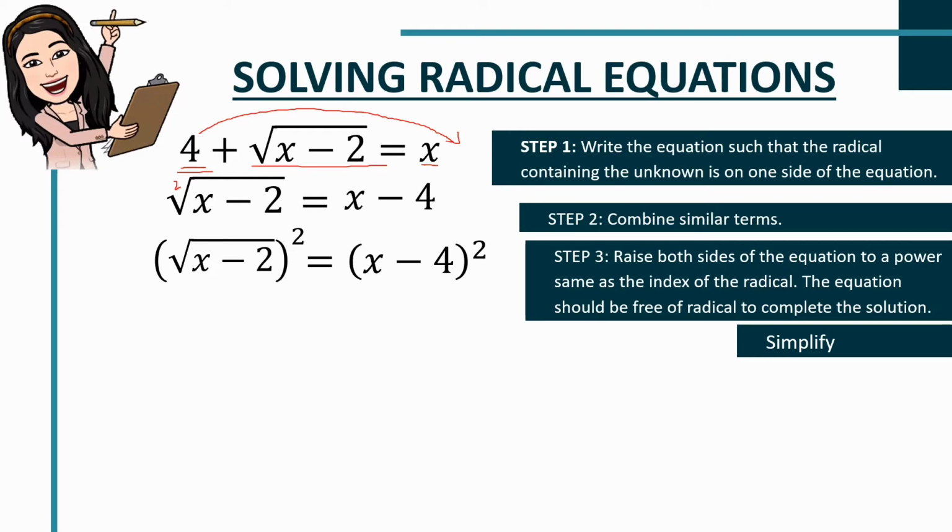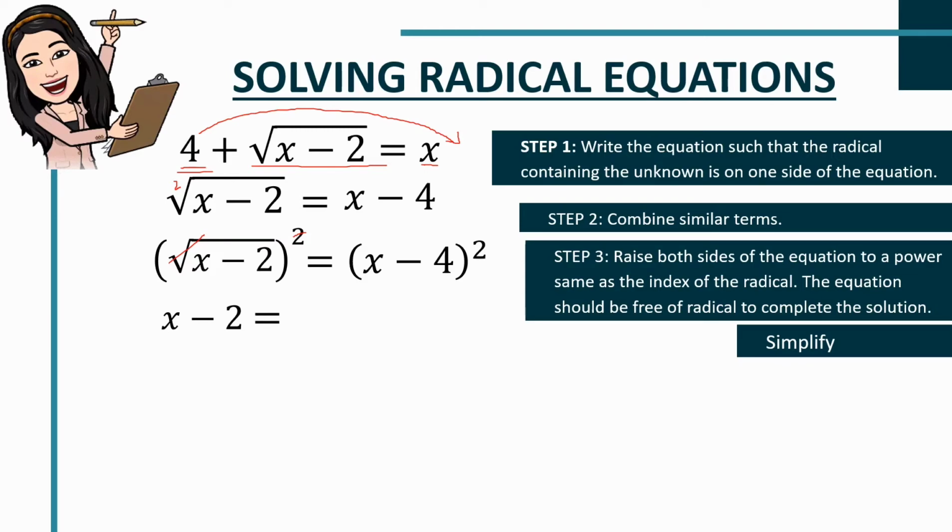Okay, so let us simplify. What is square root of x minus 2 raised to the power of 2? Okay, so we have x minus 2. Nakuha? Can you follow? Okay, is equal to, how about x minus 4 quantity squared? So if you notice, this is an example of a square of a binomial. Naalala niyo pa ba? Yung square of a binomial, yung special product.